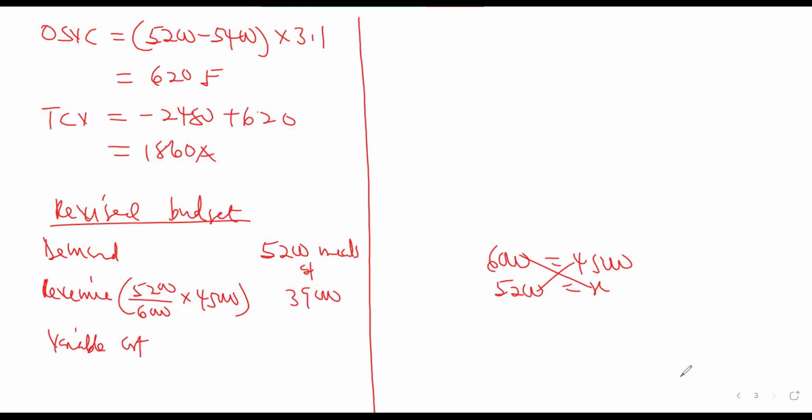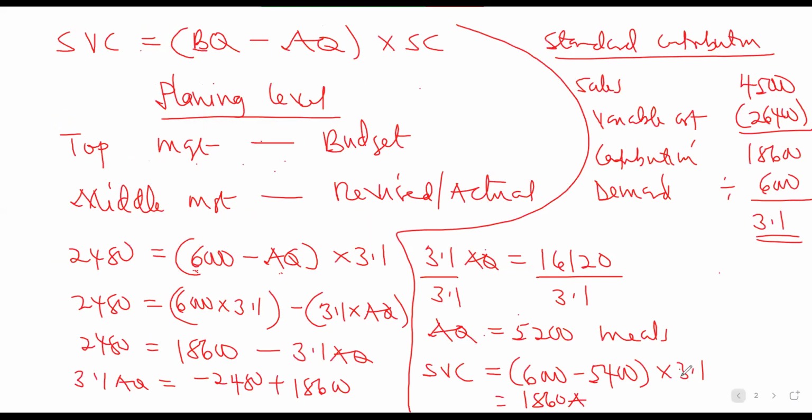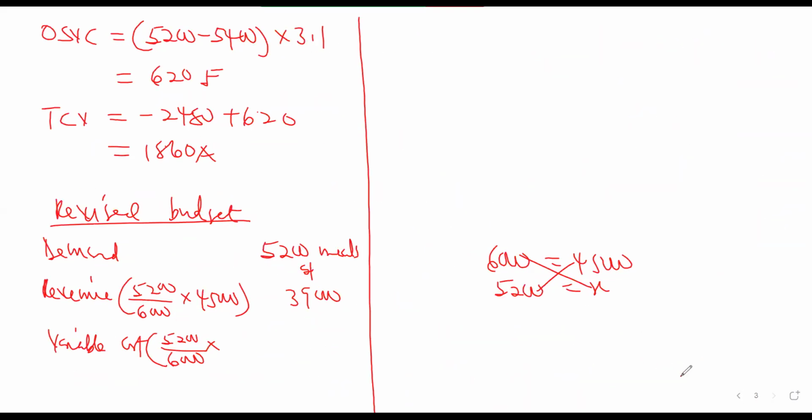Let's come to our variable cost. Our variable cost is 5,200 divided by 6,000 multiplied by the cost for that, which is 26,400. What are we having? 22,880.